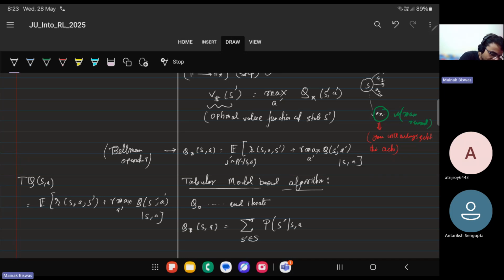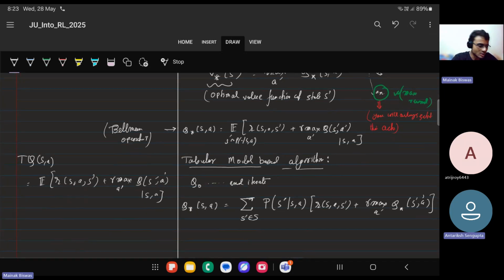You can write this as the reward plus gamma times max over A dash of Q star of S dash, A dash. Right? This is correct for everyone. I just wrote out the expectation in this form.